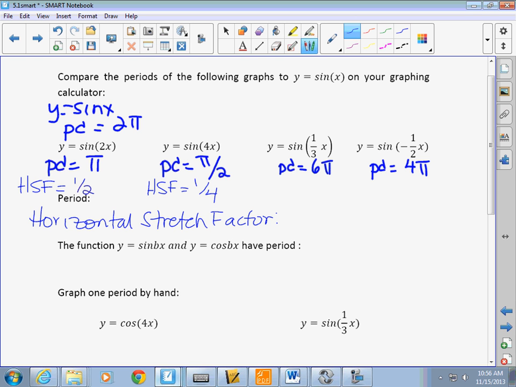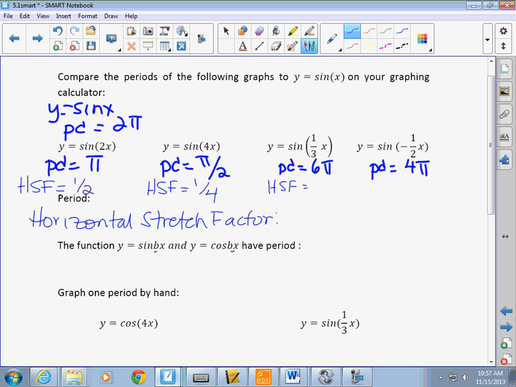Yes, B. From when we did the other transformations, our B value affected the X, the horizontal. So what's our horizontal stretch factor if it is a fraction, or 1/3? Right, we stretched it out, it took 3 times as long to complete.